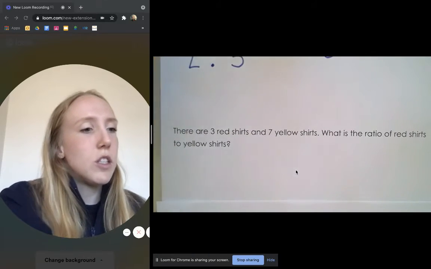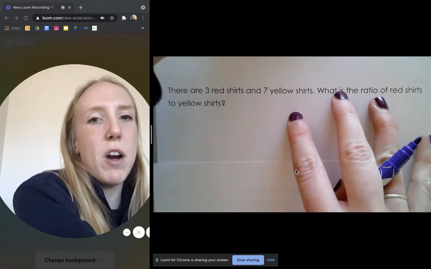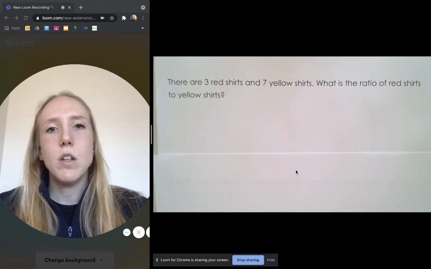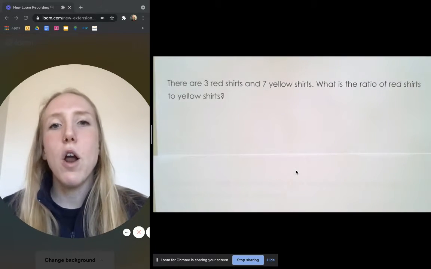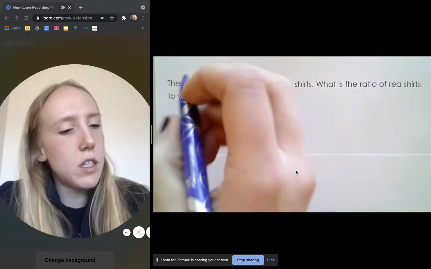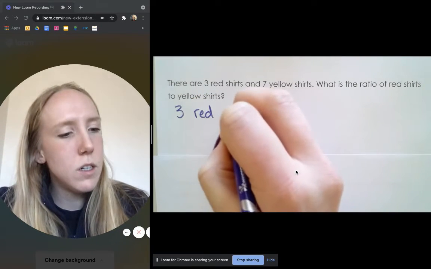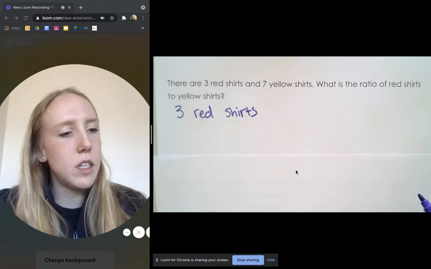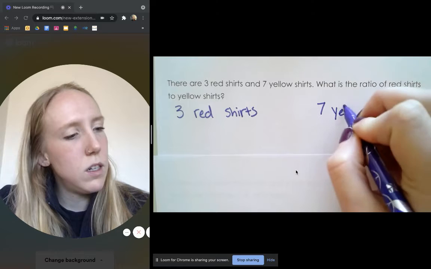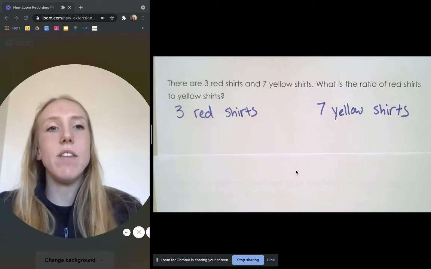A lot of times ratios come in the form of comparing items. So this problem says there are 3 red shirts and 7 yellow shirts.